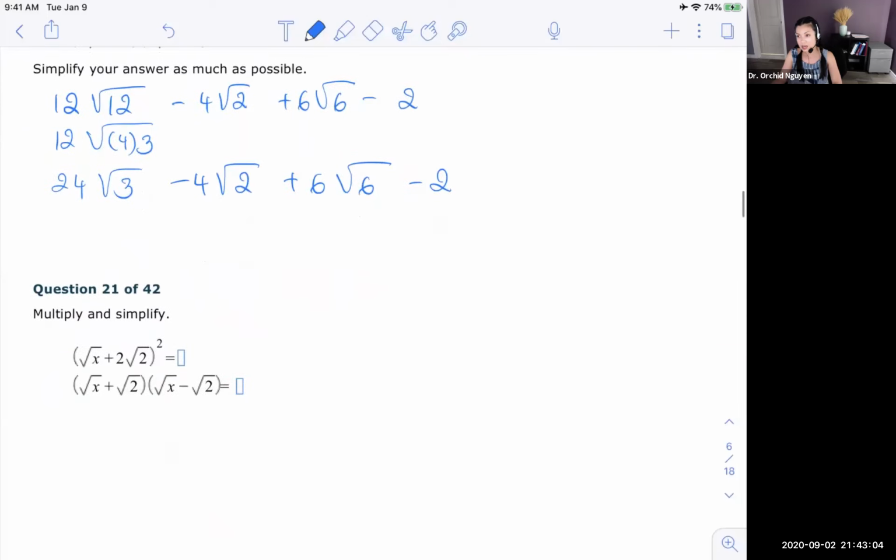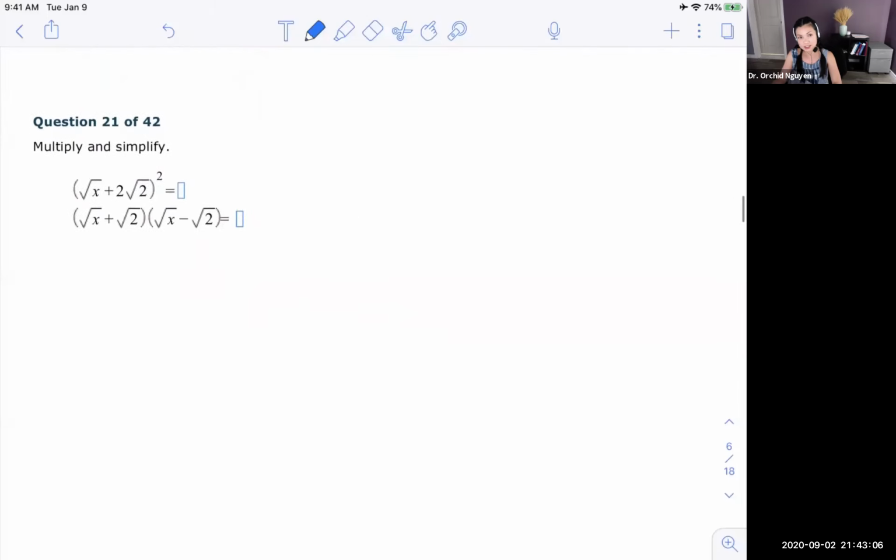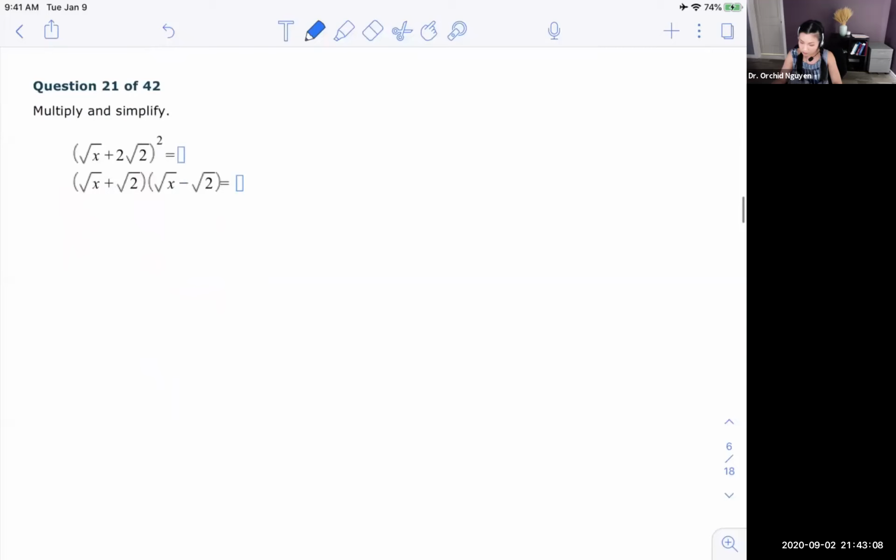Okay. Now, when you multiply something like this, for the first one, we have square root of x plus 2 rad 2 like that. But if you multiply the radical by itself, the radical cancels out.